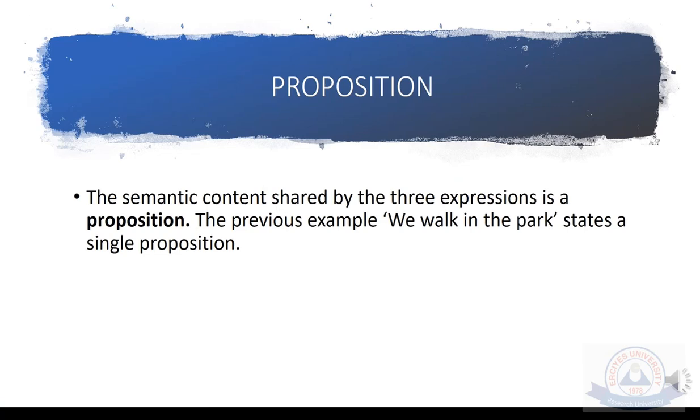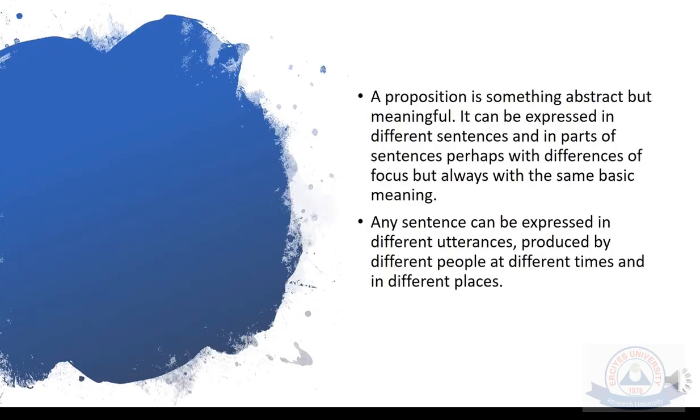Let's see the proposition now. Proposition, the semantic content shared by the three expressions in the previous examples is a proposition actually, and we walk in the park states a single proposition. Now we will learn more features of it. So a proposition is something abstract but meaningful.